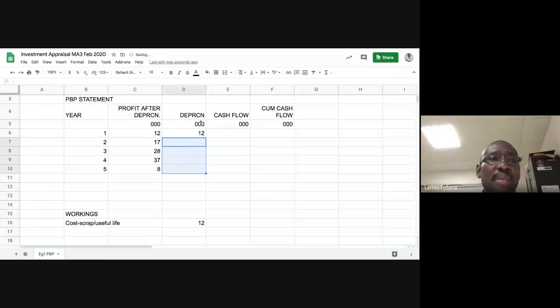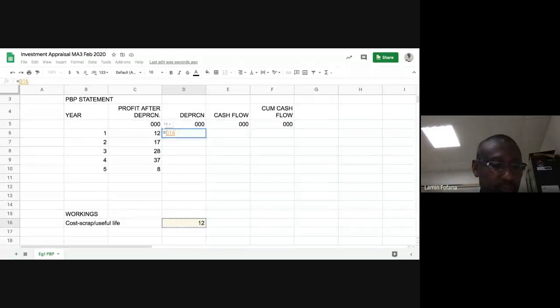So you come here. If we want to copy this here, we say equals. When we click on D16, before we move, before we do anything, we press F4. If we press F4, it's going to give us two $ signs: a $ sign before D and a $ sign before 16.